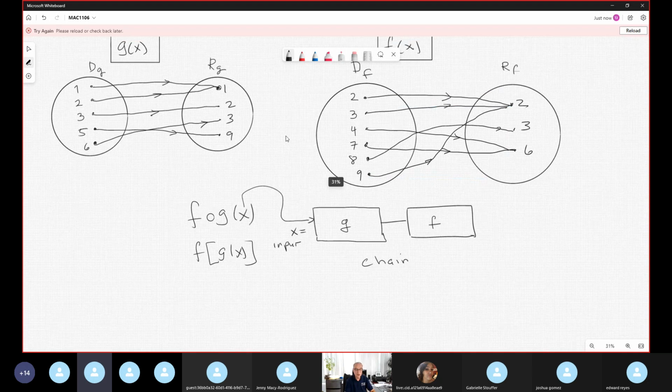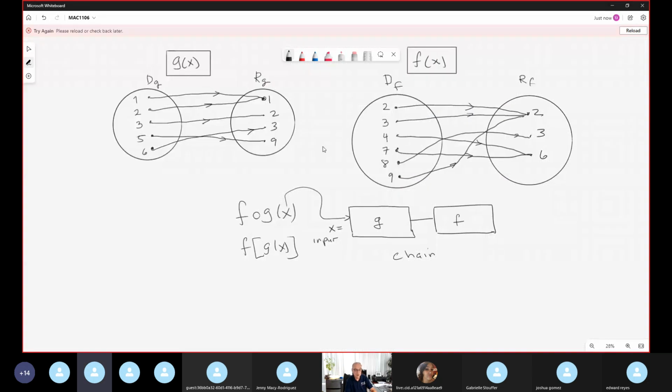So basically, I need to state the chain between this function and this function. Therefore, to guarantee the continuity, I need to investigate what happens between the range of g intersection the domain of f. What is the common element you can see? Well, 2 is common, look. 3, yes. 9, yes.